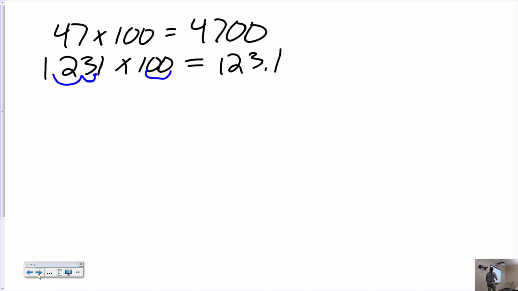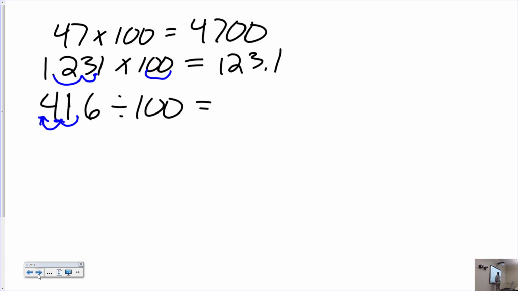And then likewise, if you go the other way, if you divide by 100, since multiplication and division are opposites of each other, when you multiply, you move it to the right. When you divide, you move it to the left. 2 hops to the left, boom, 0.416. All right? And again, don't freak out about this.